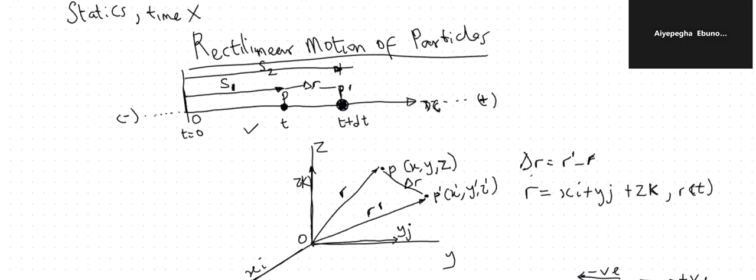We're simply saying that if this particle moves a displacement delta S in a time interval of delta T, you can also say it is T plus delta T, still the same thing. The average velocity of the particle during this time interval is given as delta S divided by delta T.